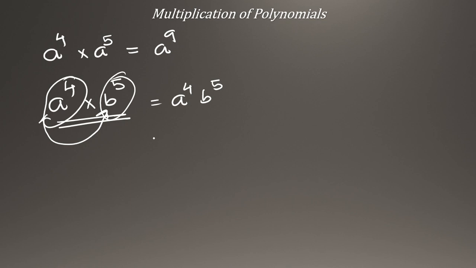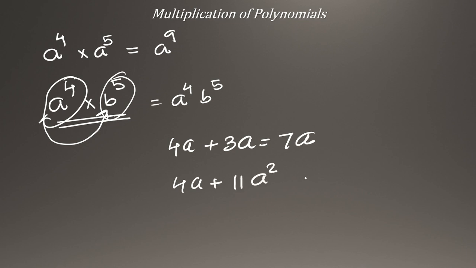As far as addition and subtraction are concerned, if I say 4a plus 3a, it will be equal to 7a. But 4a plus 11a square, what will it be? Did you say 15a to the power 3? No, this is wrong. Why?